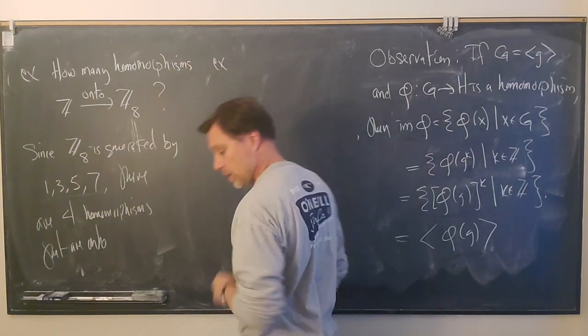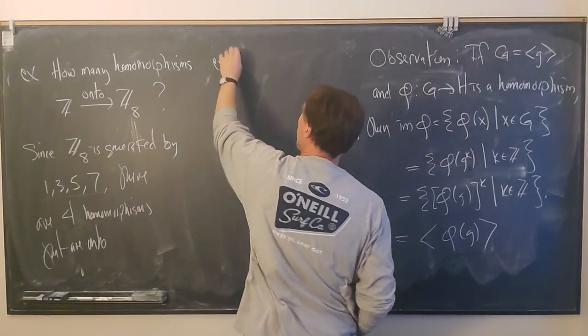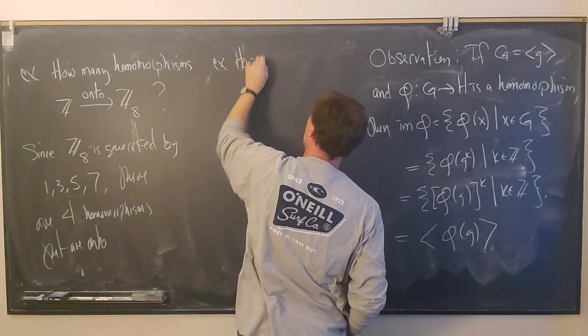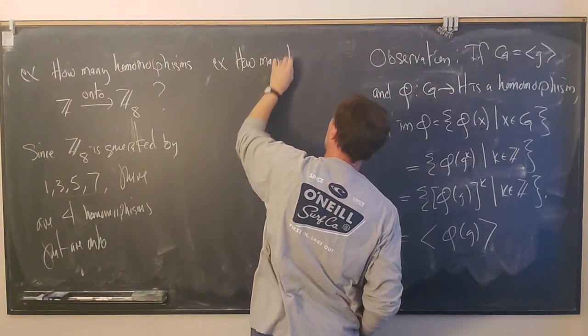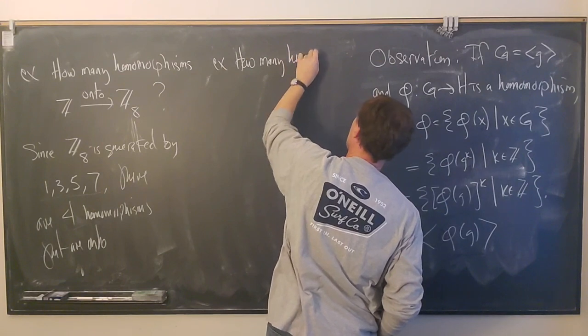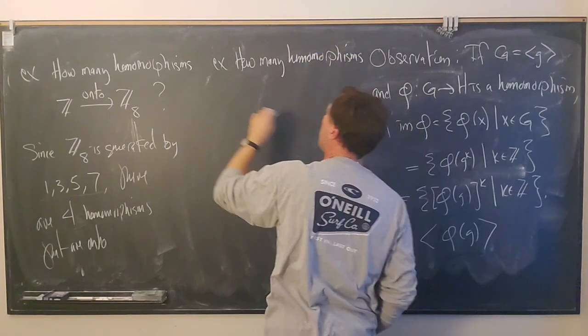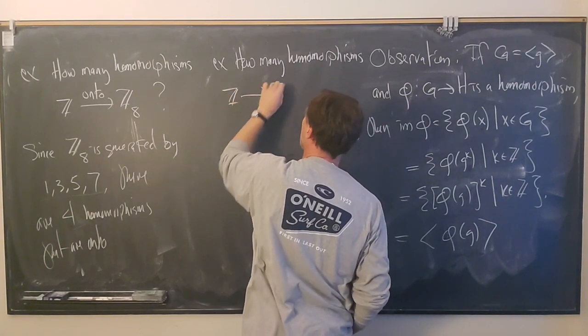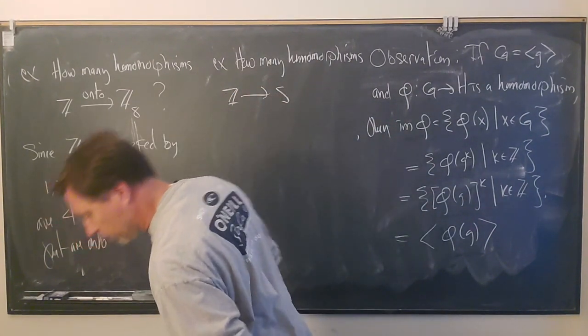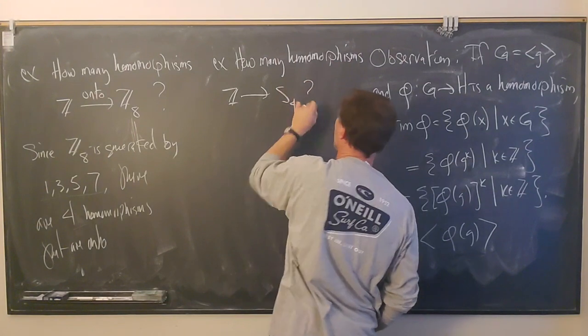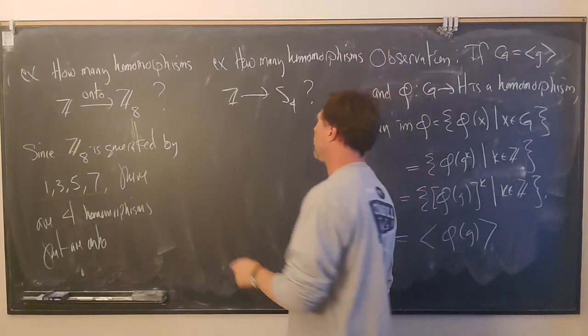Another example, so let's say how many homomorphisms from Z to S4. What's the answer?